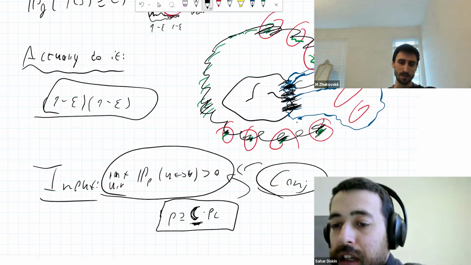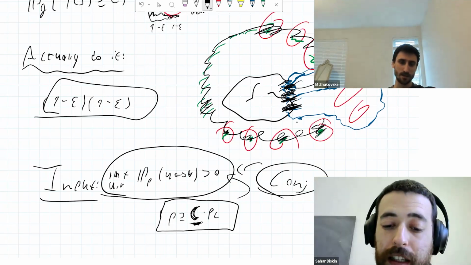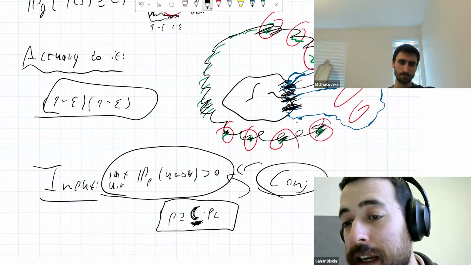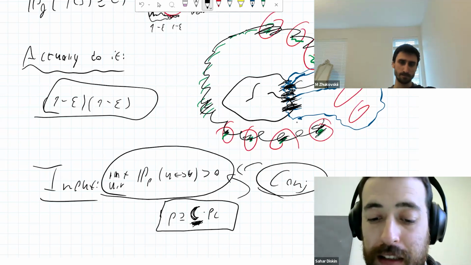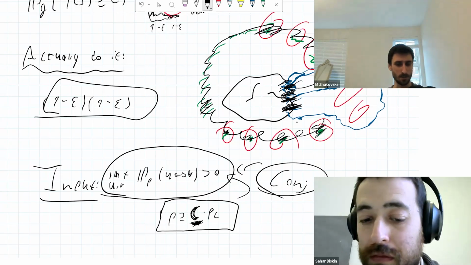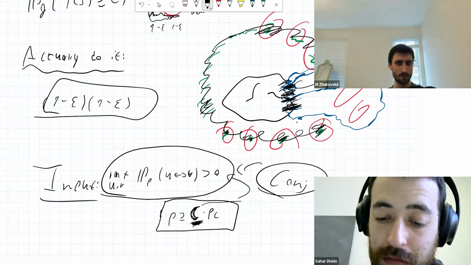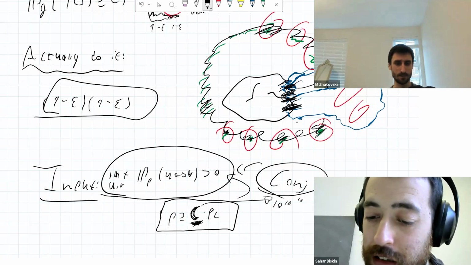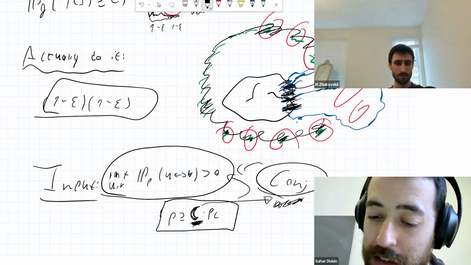The fact that I know how to show it with some constant here is meaningless if PC is half. The constant is universal. It doesn't depend on the graph, on anything. It's like 10 to the 10 to the 10. It's actually much less, but some large number.